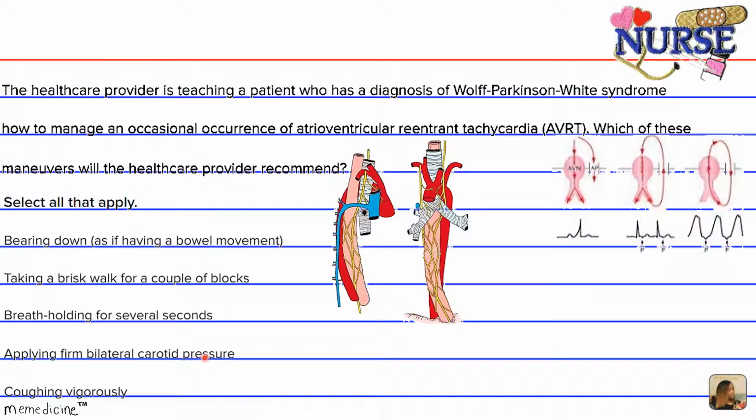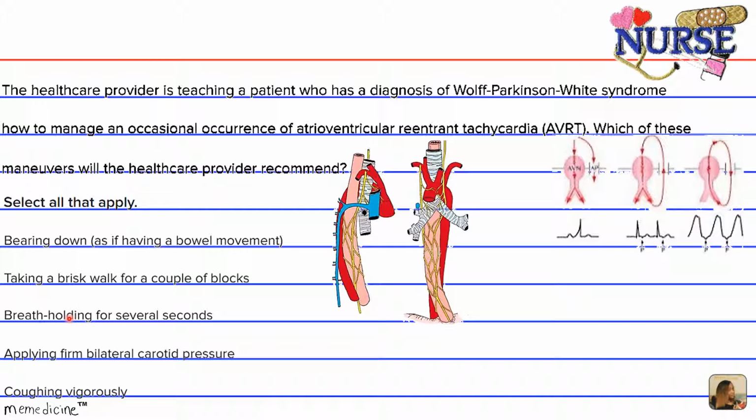Some of the things that would be good would be coughing and bearing down, which is also known as the Valsalva maneuver. So answer choice E and answer choice A are in, and also breath holding.